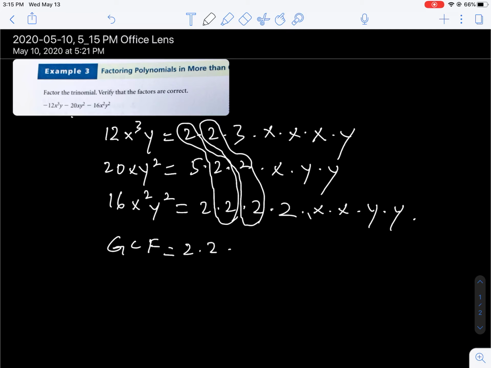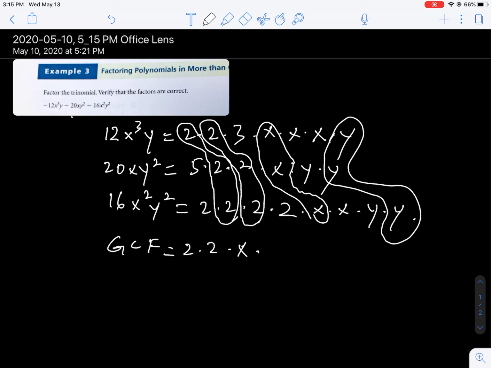The x is common, so we're going to take x, and there is y. Okay, so our greatest common factor will be 2 times 2 is 4xy. So I'm going to write it nicely. It is 4xy. So that's our greatest common factor.